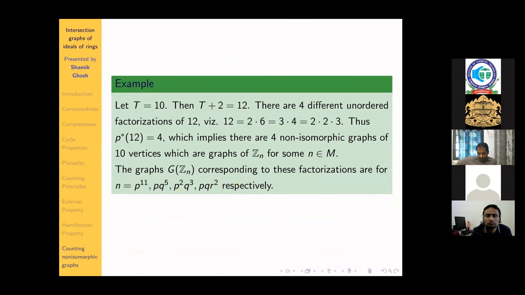For 12, it is p to the power 11. For 2 into 6, it is p into q to the power 5. p comes from p to the power 1, which comes from 2 minus 1, and q to the power 5 comes from 6 minus 1. Similarly, it is p square q, and p q r square. And these are the 4 possible 10-vertex intersection graphs of ideals of Zn.